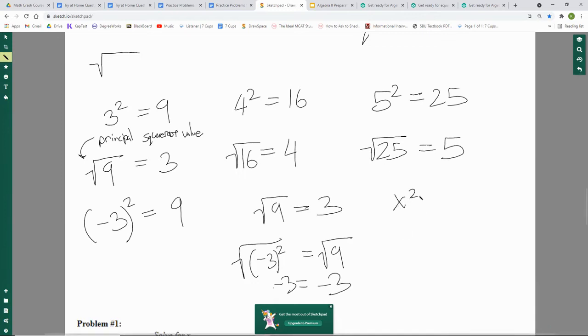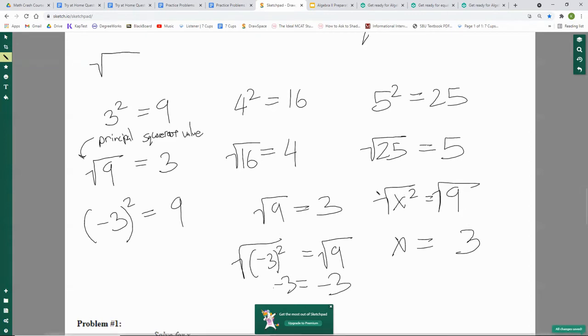But it gets a bit different when we have x squared equals 9. This is different. Why? Because we don't have the radical or the principal square root value over here to indicate it. To solve this, you typically draw in the radical and draw this over, and you'd be very inclined to call it the root.